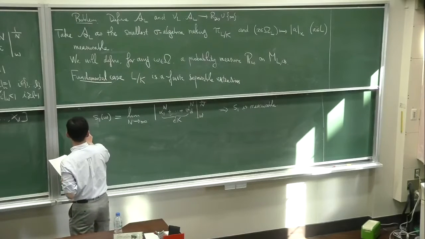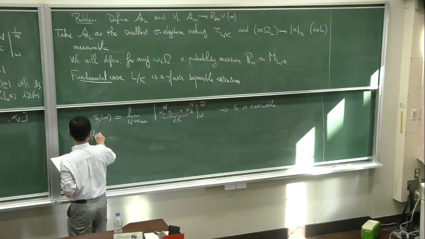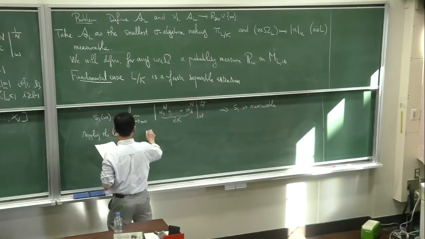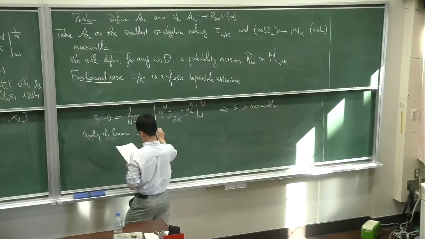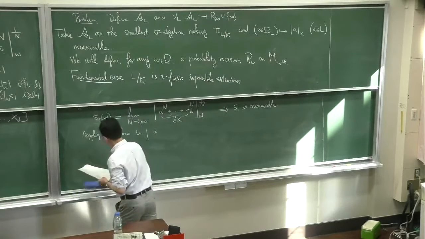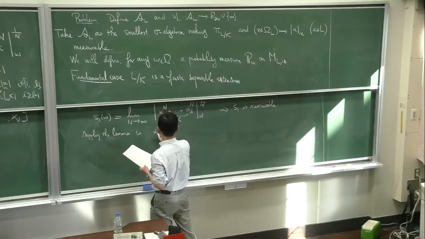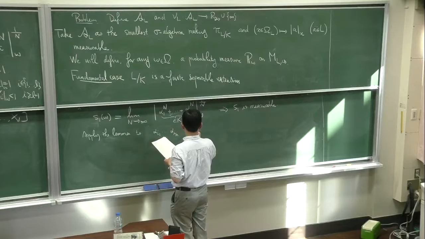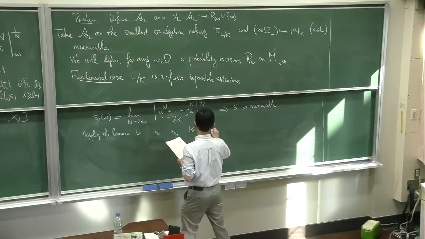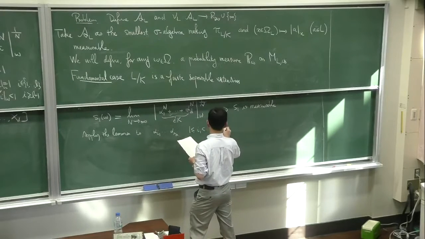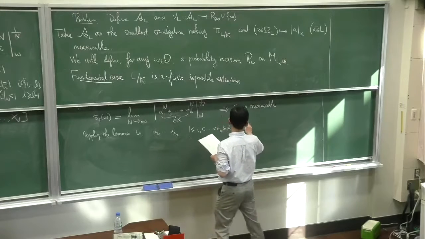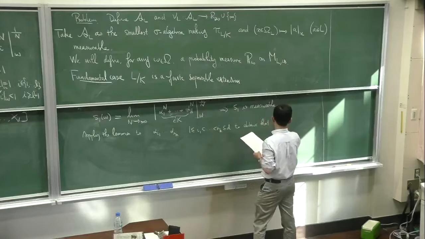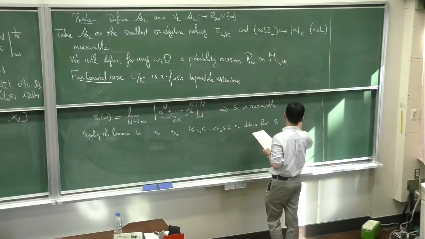For the general case, you need to apply the lemma to the family of alpha_{i_1} times ... times alpha_{i_k} with 1 smaller than i_1, etc., i_k smaller than d, to obtain that S_1 times ... times S_k is measurable.